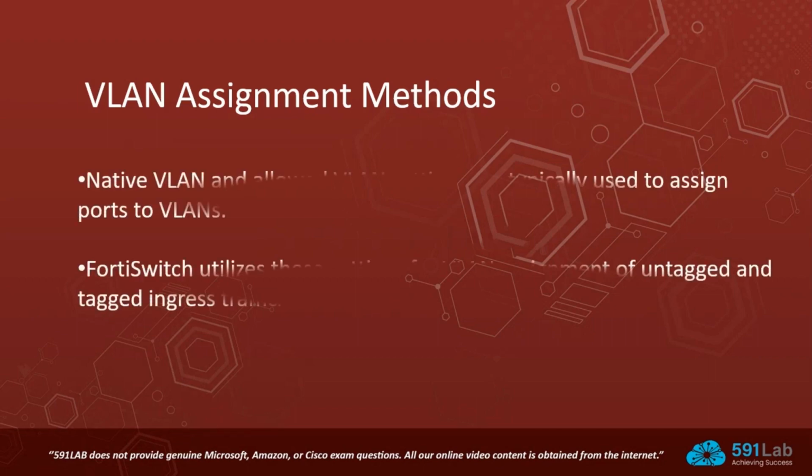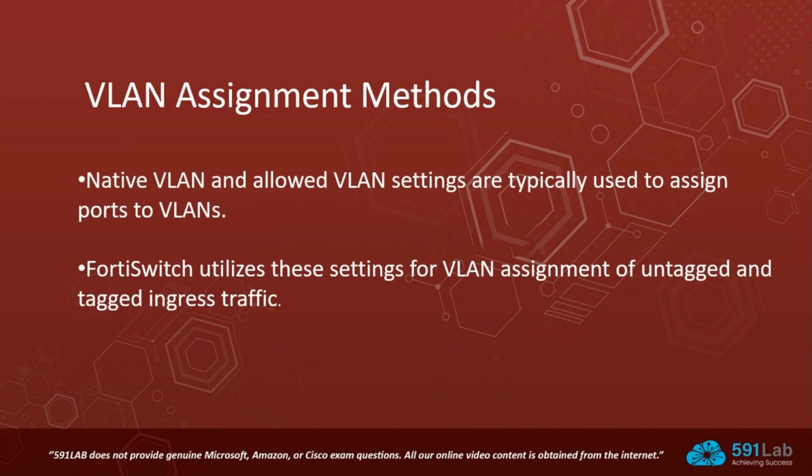You may assign ports to VLANs by configuring the native VLAN and allowed VLAN settings on the port. If you want to assign traffic to VLANs based on the source address and Ethernet protocol of the traffic, it is possible with MAC, IP and protocol-based VLANs in FortiSwitch.